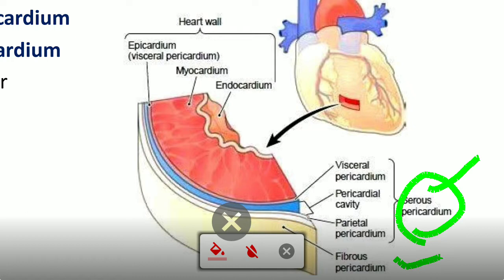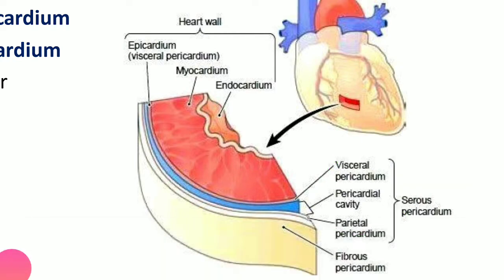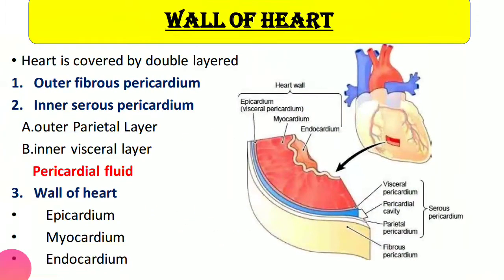The serous pericardium is also divided into two layers: the inner one is visceral, the outer one is parietal pericardium. In between these two layers there is the pericardial cavity, and in this cavity the pericardial fluid is present.